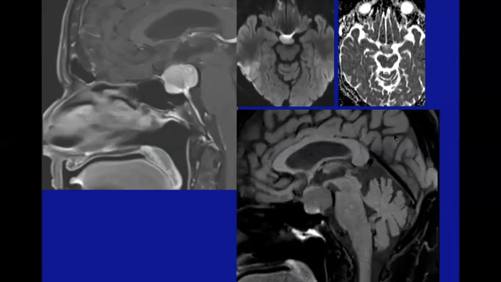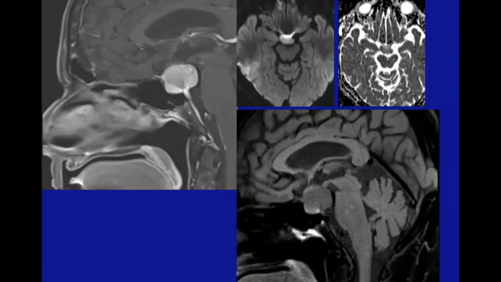This is a recent case we had. So here we see the pituitary gland sitting beneath the mass. Here's the mass above the pituitary gland, enhancing pituitary gland. Relatively lower enhancement of the mass itself, which showed, interestingly, restricted diffusion. We suspected this was lymphoma, but this proved to be an infundibular sarcoma. This was biopsied.